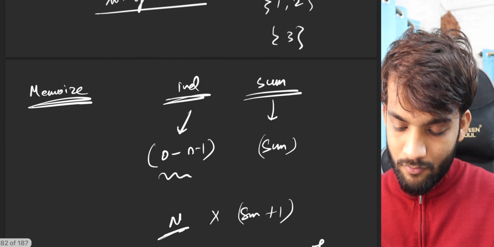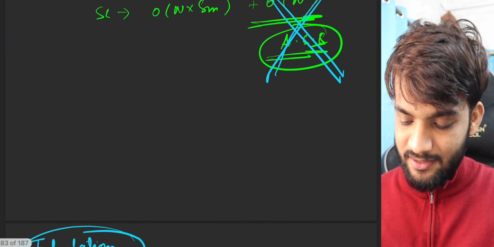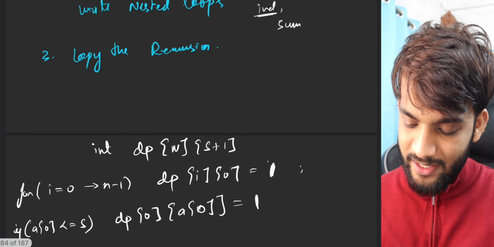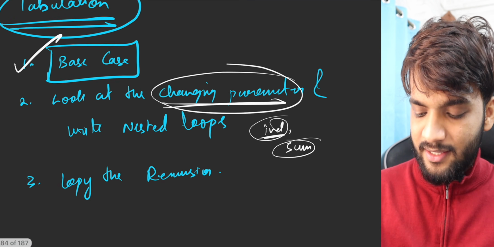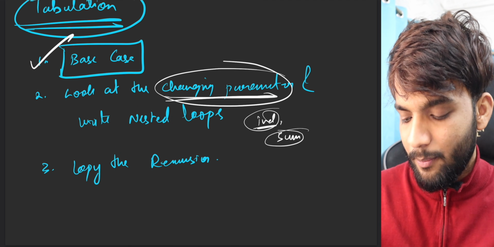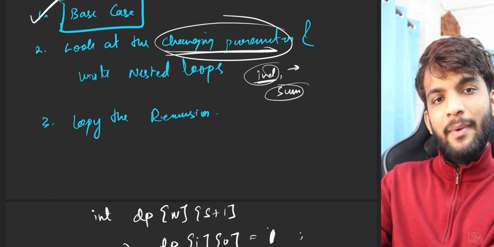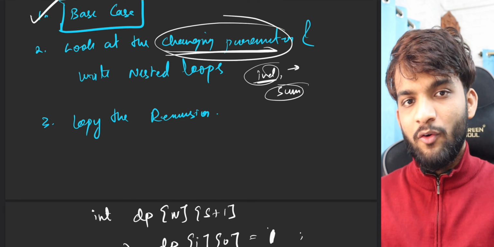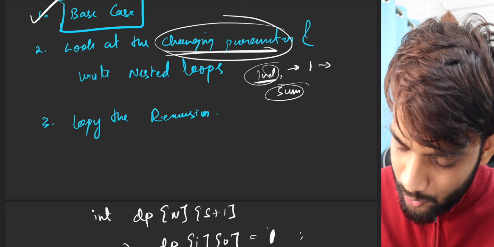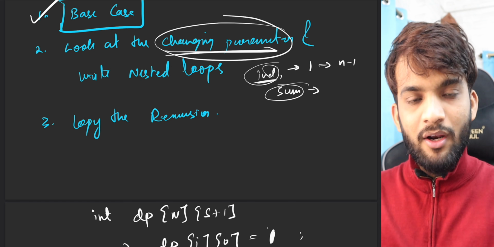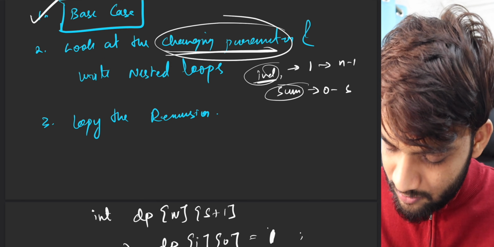So can I say this? The changing parameters are quite straightforward, and that's index and sum. Where is the index running from in the recursion? From n minus 1 to 0. And over here the base case is 0, so this will run from 1 to n minus 1. And the sum will run from 0 to s.